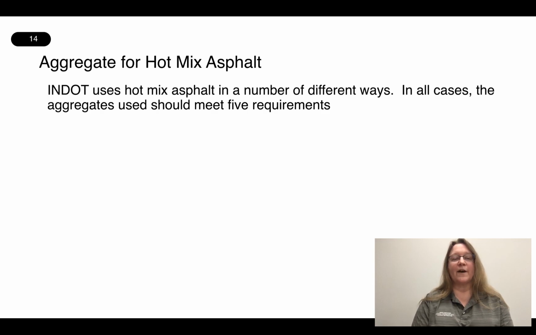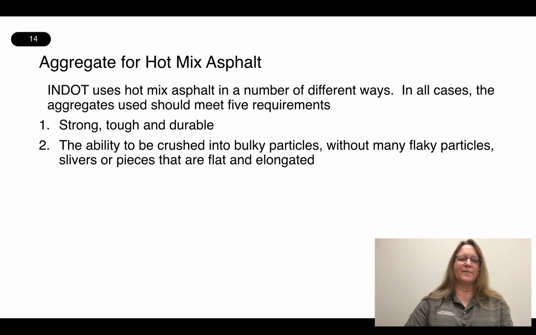So in terms of aggregate for hot mix asphalt, there are requirements placed on the aggregate before it can be used for those applications. So it has to be strong, tough, and durable. Have the ability to be crushed into bulky particles.